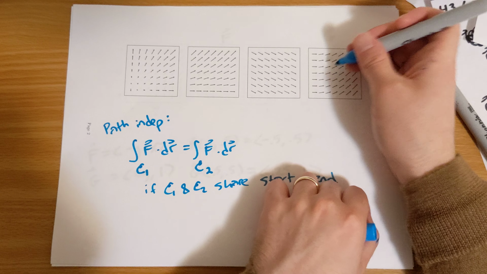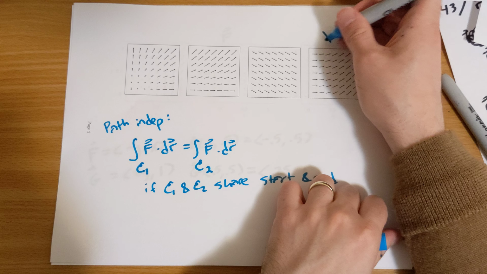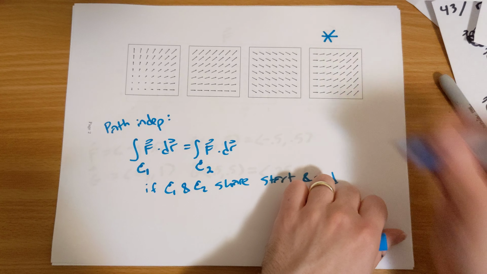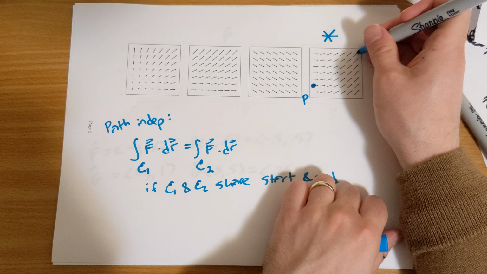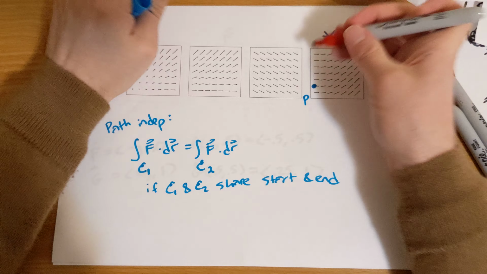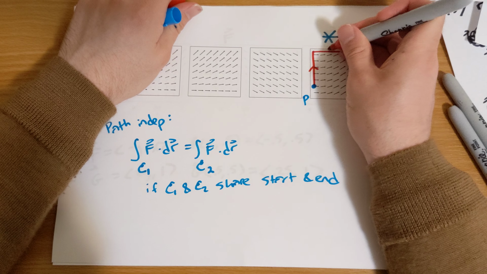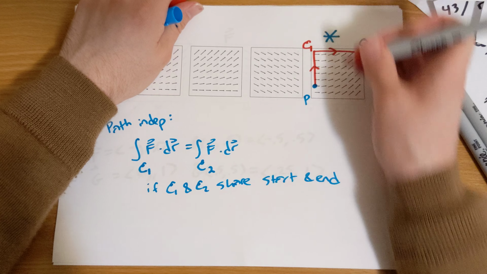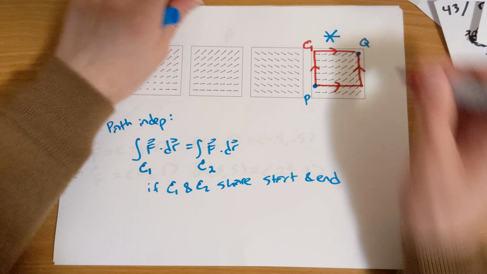The one that turns out to be not path independent, which just means not conservative, is this one right here. Let's take this as point P and this as point Q. And I'm going to draw the following two paths in it. So this will be curve C1. And this will be curve C2.